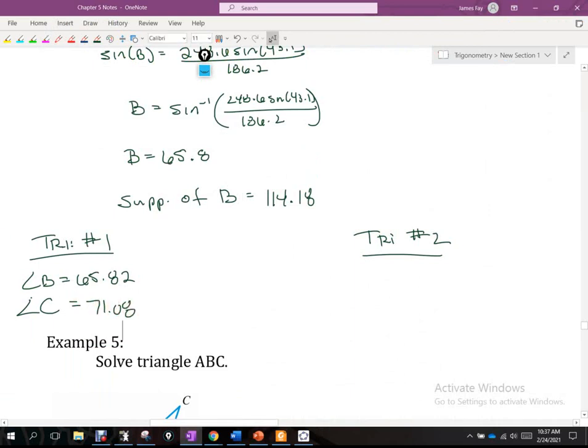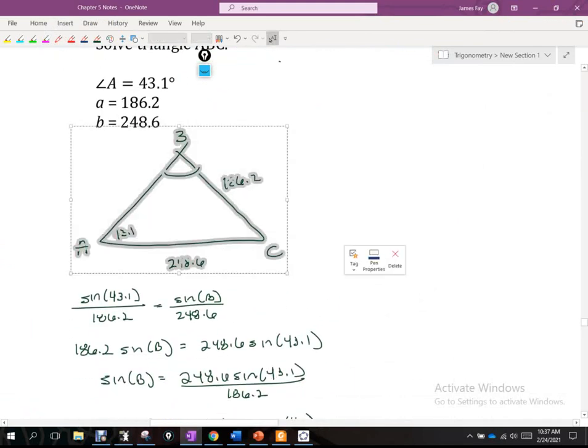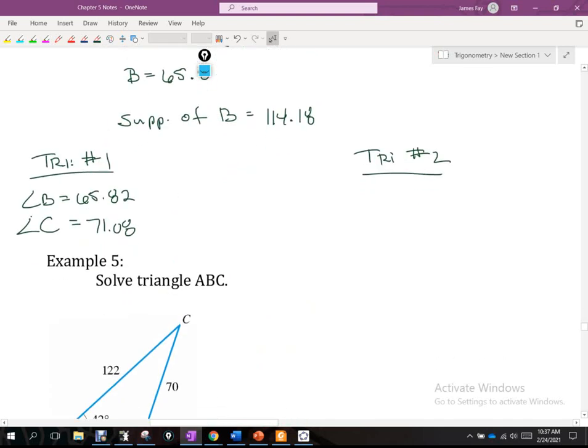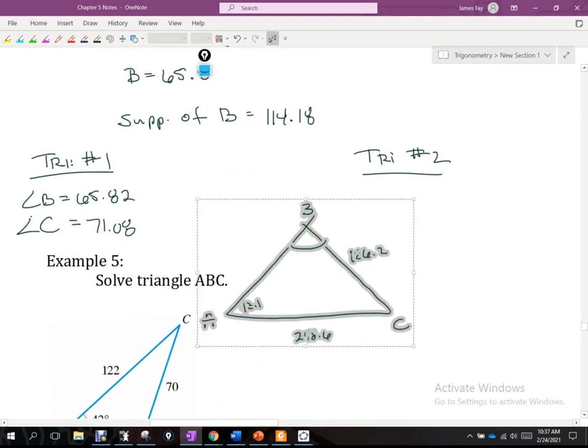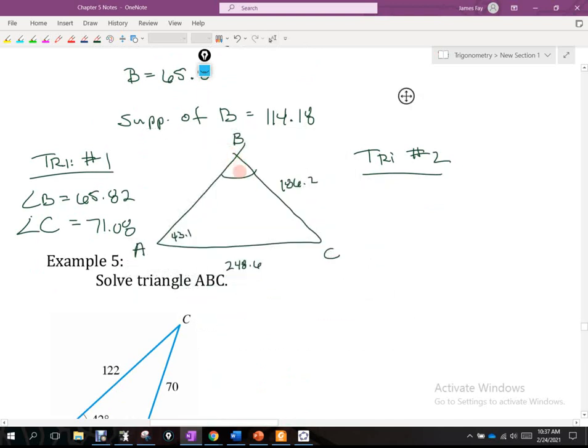And that is simply taking this information here, and when I used my calculator initially, this was 65.82 degrees. Then the triangle angle sum theorem tells me this one's got to be 71.08.